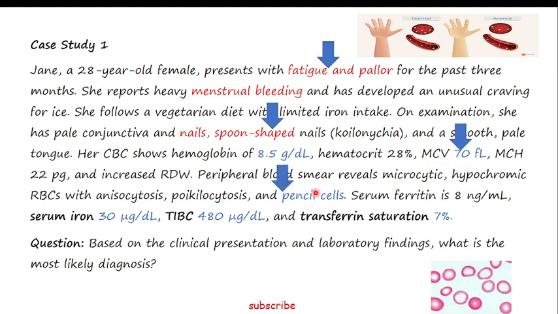We are having pencil cells, and also you are going to see serum ferritin low, iron low, and total iron binding capacity increased. So what is the likely diagnosis? Please comment below.